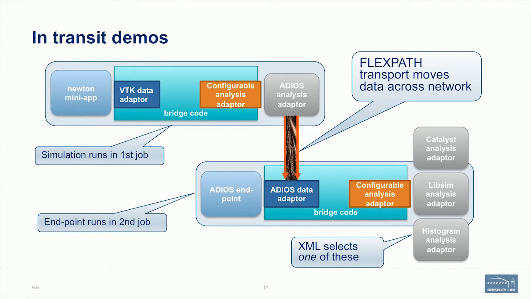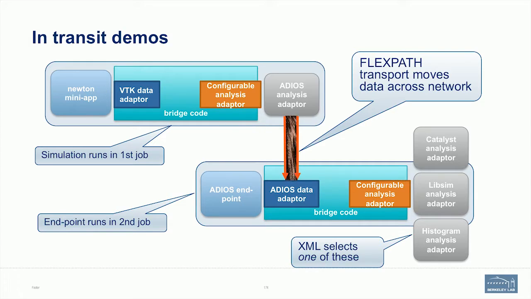So the one thing I want to do, and this is the part about SENSEI that I'm the most excited about, is this in-transit part, where you can take these different backends, Catalyst, Libsim, and you can run them in situ directly, or you can use ADIOS to send the data over the network and move it to a different set of nodes.